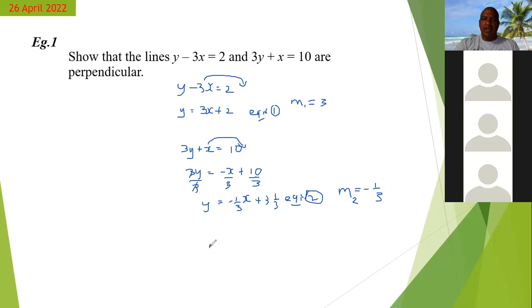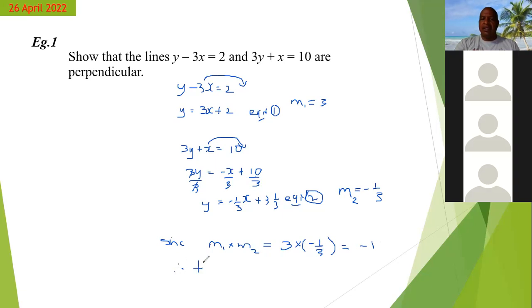And so we have M1. So you're going to say since M1 times M2 equal to 3 times negative 1/3 equal to negative 1, therefore the lines are perpendicular.